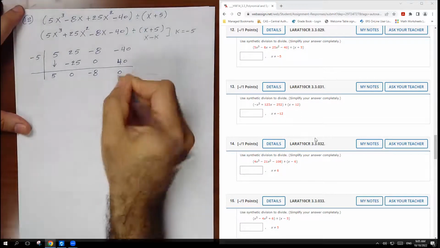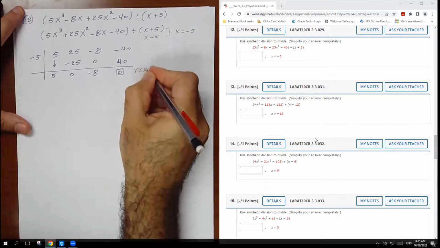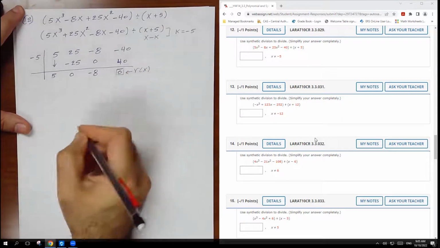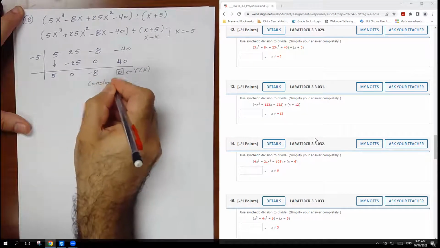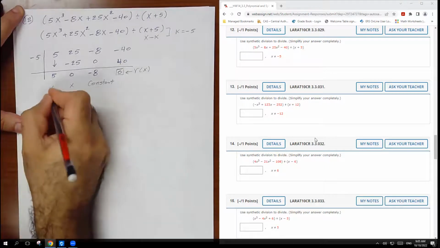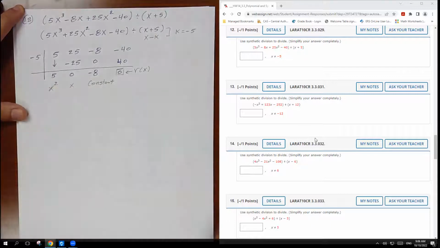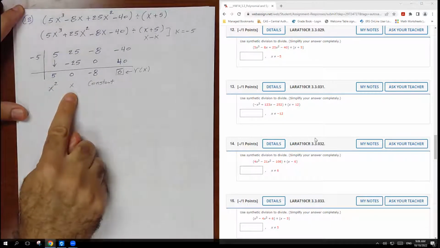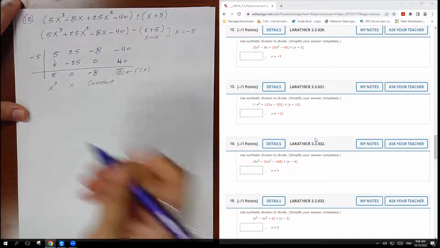Now, the same thing, our remainder is 0. This is the constant, and this is for x, and this is for x squared. You see, this is for the x, that means the coefficient of x is 0. So there is no term with the x.